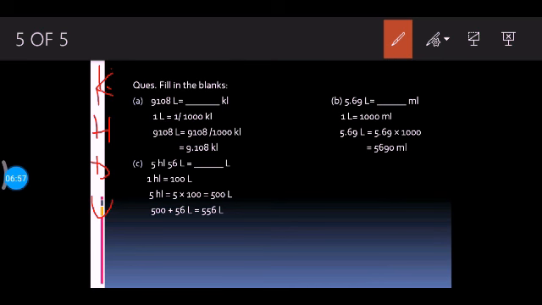So this is my liter and kiloliter. Again you have to divide by 1000. That is what I am doing here. I divide this 9108 with 1000 and my answer is 9.108 because the decimal point will be shifted to left direction.